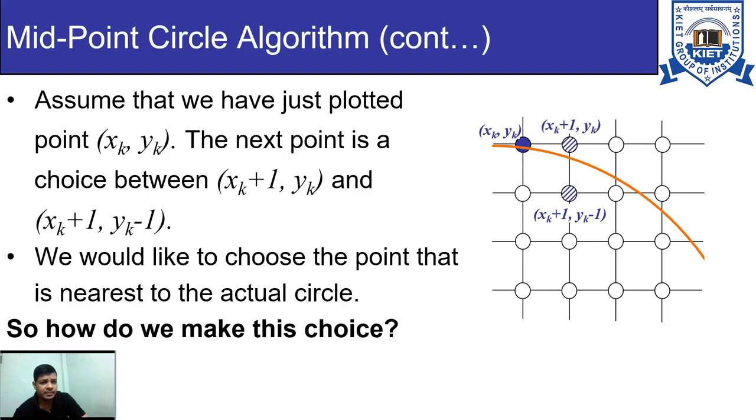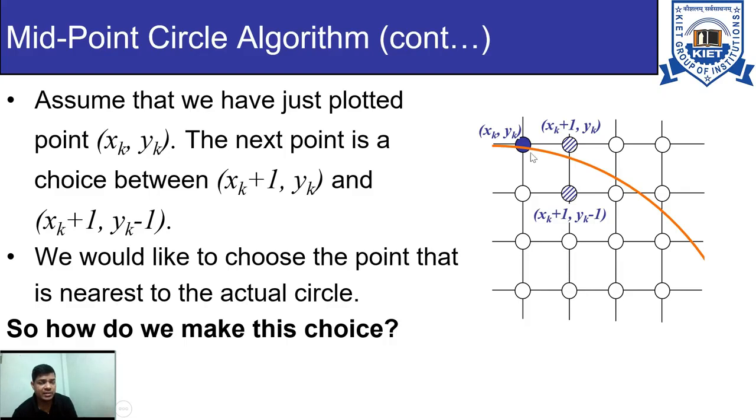Now we are approximating the value of y. From xk we move to xk plus 1. At xk plus 1 we have to decide whether we should activate the pixel at xk plus 1 comma yk, or the pixel at xk plus 1 comma yk minus 1.